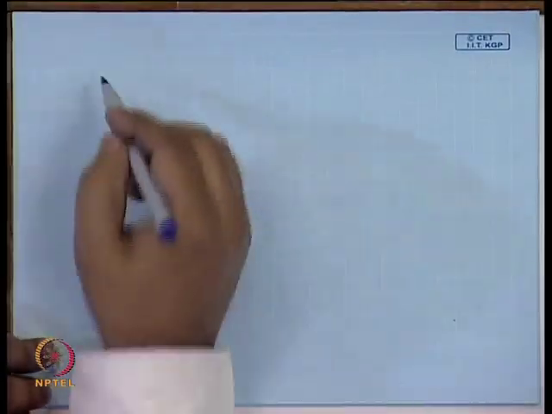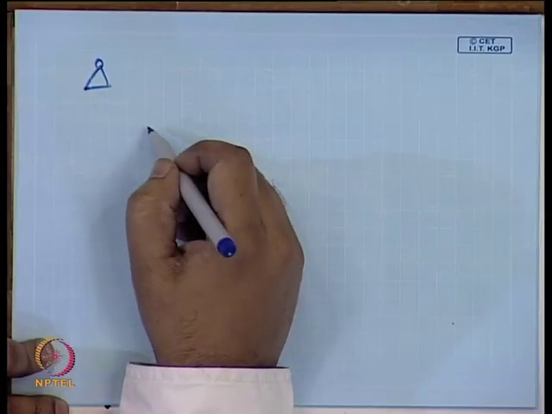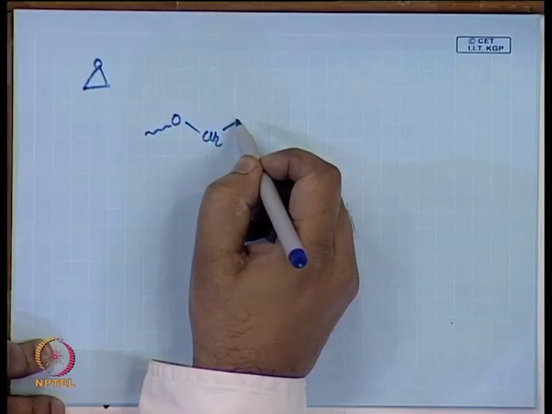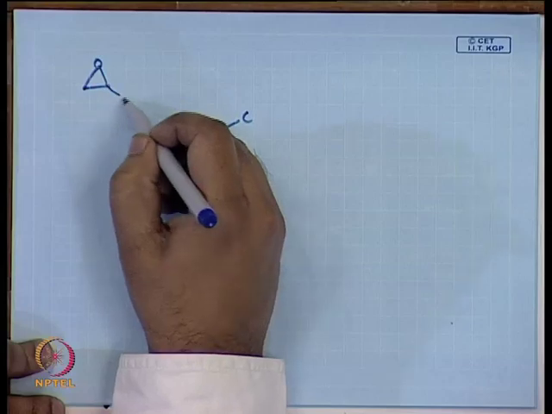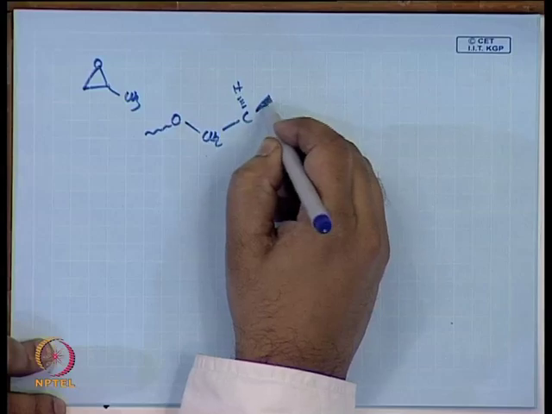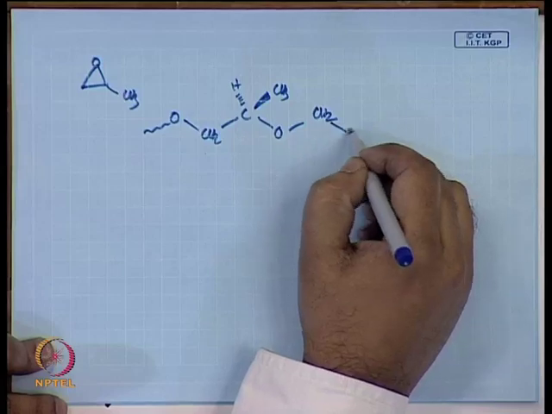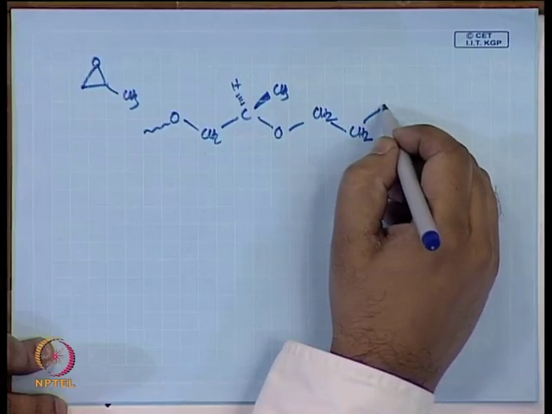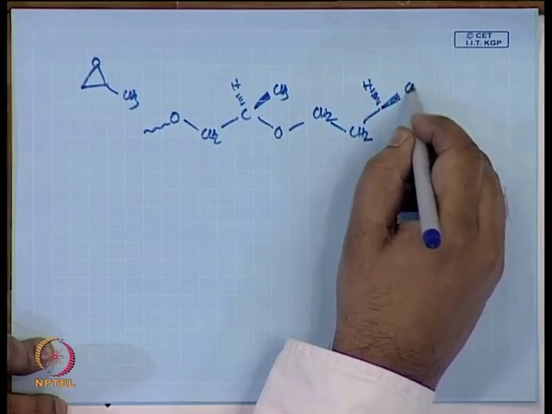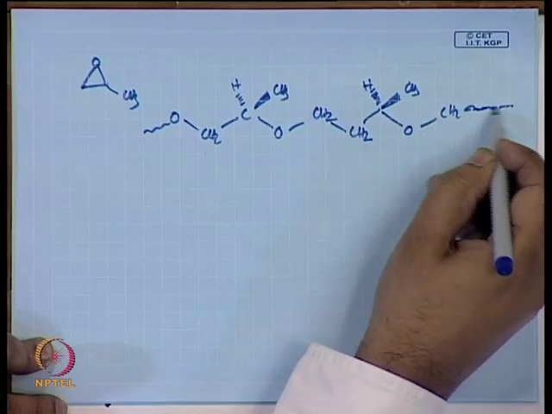For example, if I do a ring opening polymerization of ethylene oxide, which we discussed in the last lecture, you can imagine placing, let us consider propylene oxide, and so on.